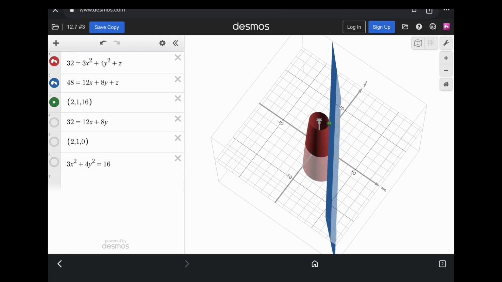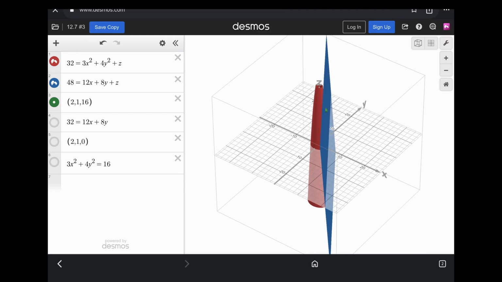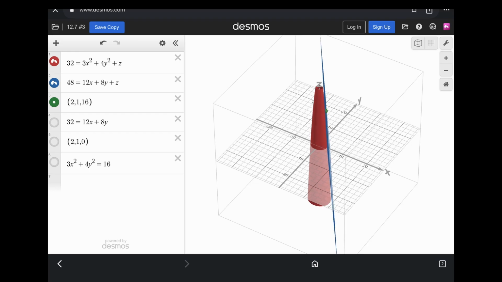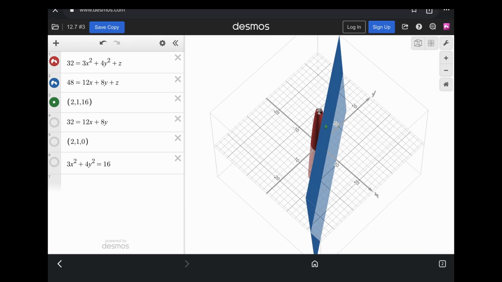The red obviously represents the paraboloid that we're looking at, and then the blue represents our tangent plane, right? This is nice because we can now get approximations around this point, like if we don't have a graphing calculator or whatever on hand, we can just do this math right here and save ourselves some time, right?